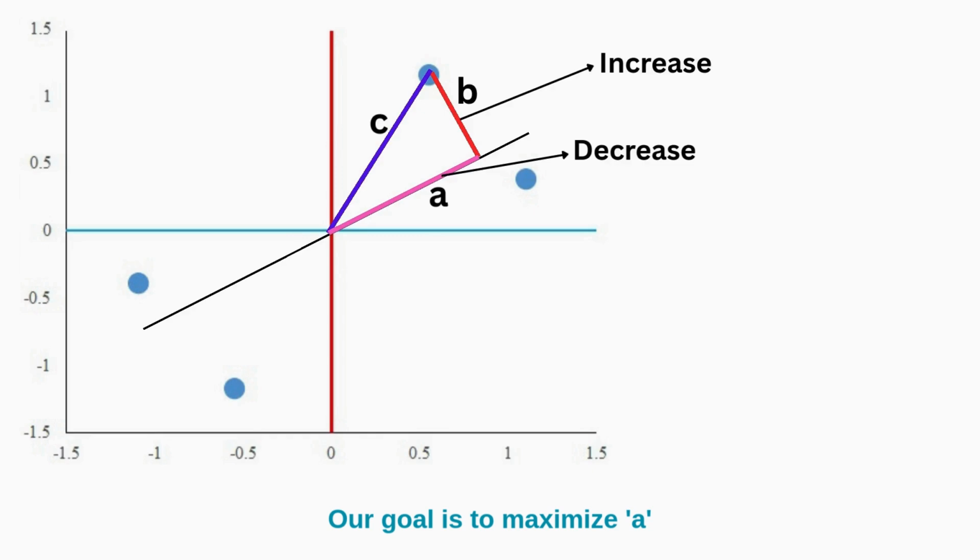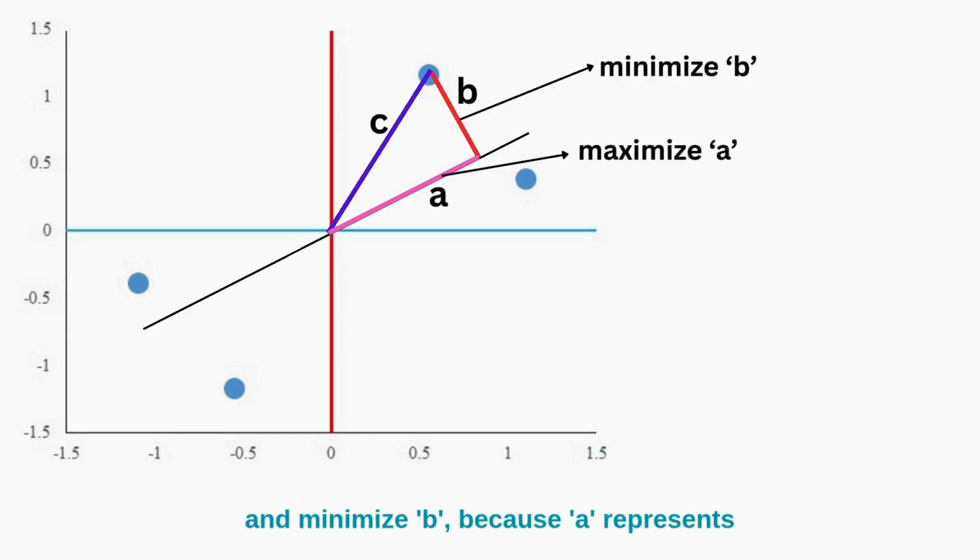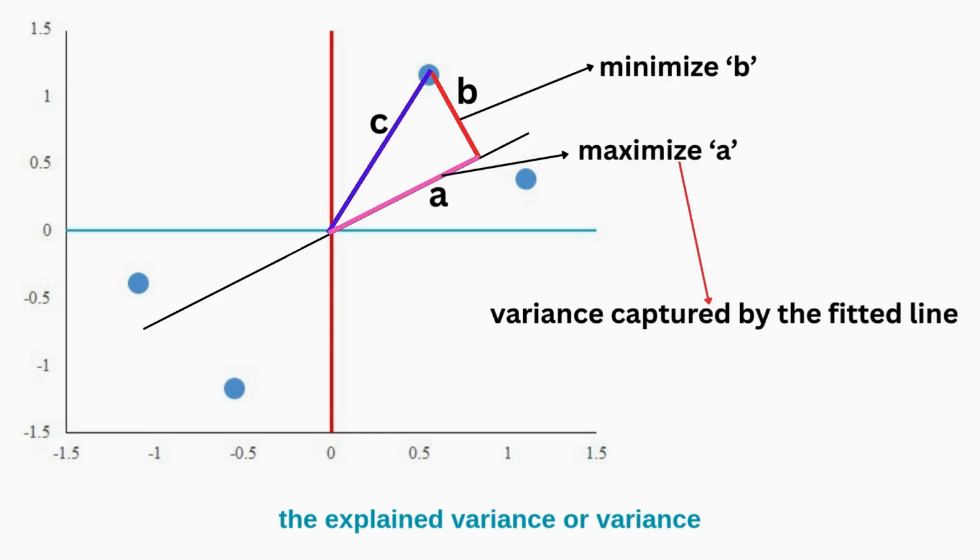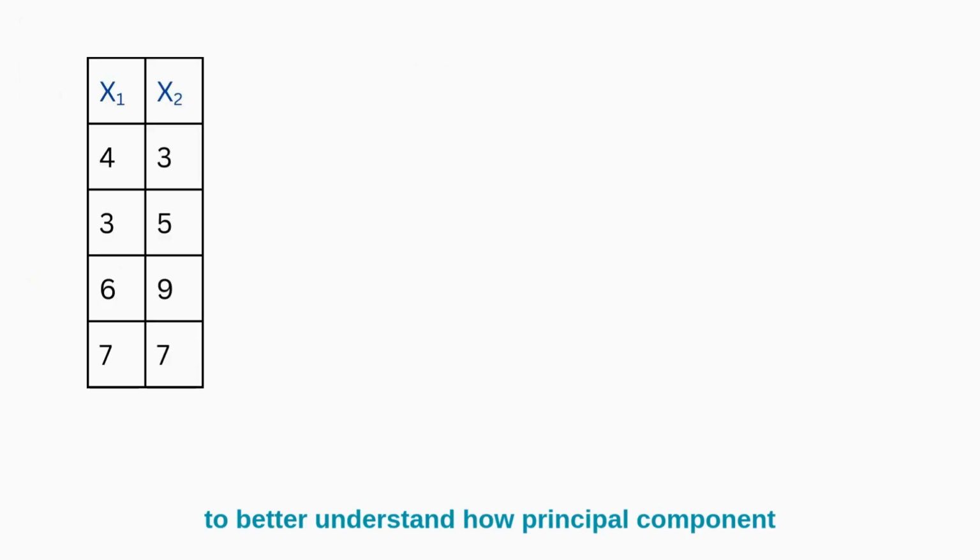Our goal is to maximize a and minimize b, because a represents the explained variance or variance captured by the fitted line. Now we will practice with two variables to better understand how principal component works and how to extract principal components from the original data.